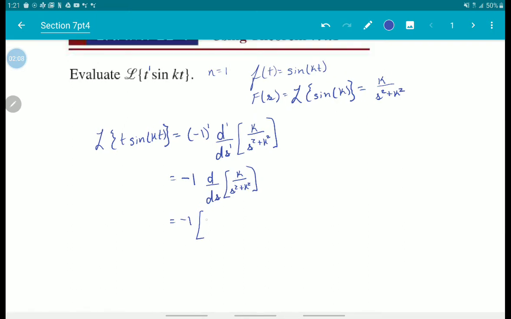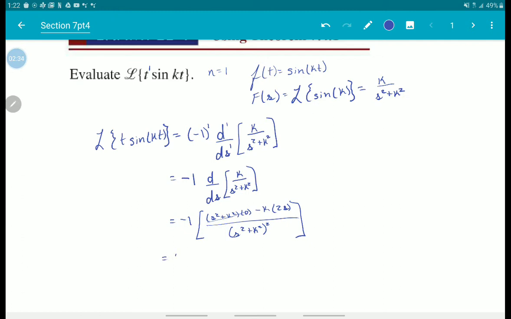So quotient rule would be bottom derivative of the top. Derivative of the top would be 0 minus top derivative of the bottom all over the bottom squared. So that's going to be 0.